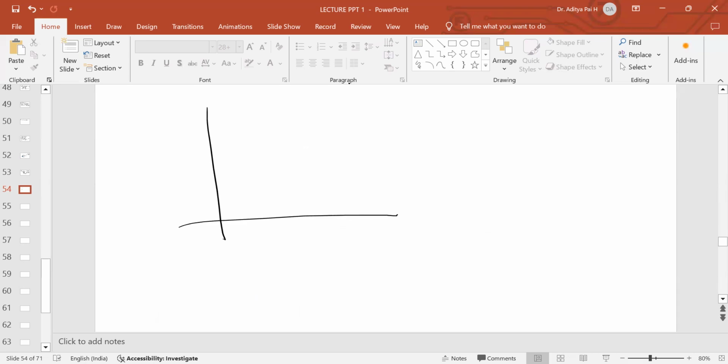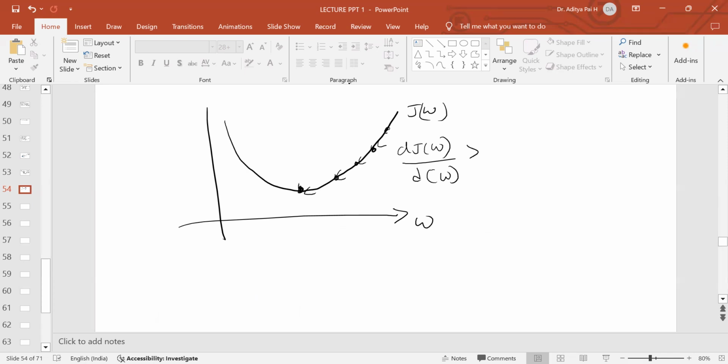So this is how it works. This is my W, and this is my J of W. If this is my minimum cost function, and if I'm going towards this side, then we can say that the change in the cost with respect to the weight is greater than 0. And in this case, we can say that the change in the cost with respect to the weight is less than 0.